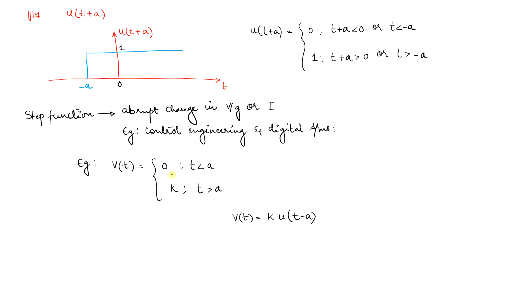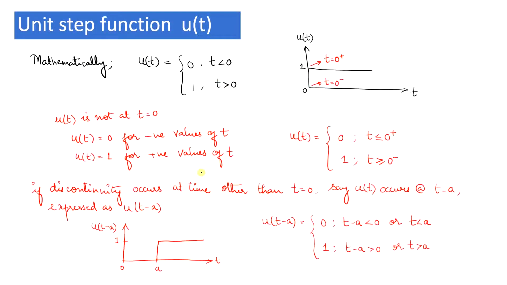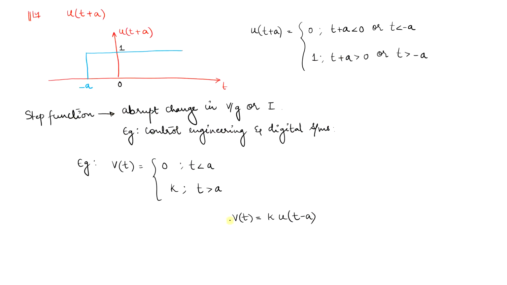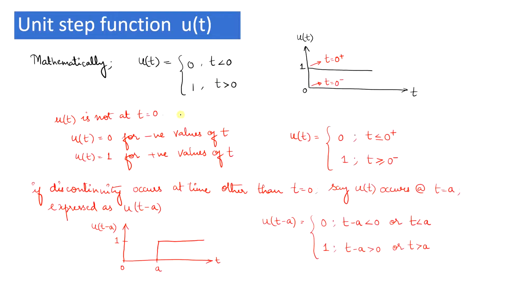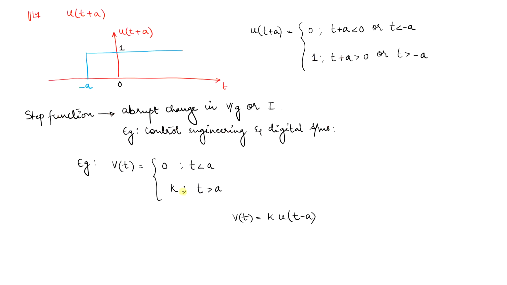So if you observe, this very much matches with the waveform corresponding to the one which we have seen here, that is u of t minus a, but the only difference is that we have an amplitude in this case to be equal to 1, whereas here we have the amplitude to be equal to k. So this is one example which shows you how we can represent the change in voltage in terms of the step functions. We call this as unit step function, that is because it's having a value of 1. In this case we have considered the value to be equal to k, so I have considered only the representation of the step function.